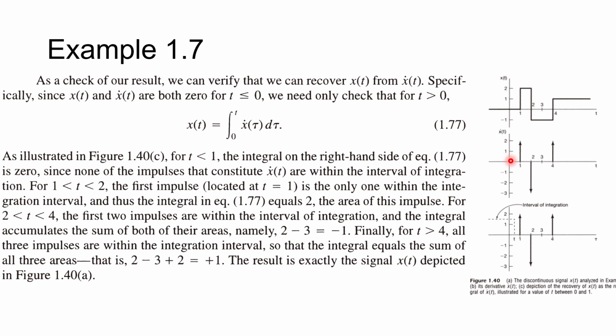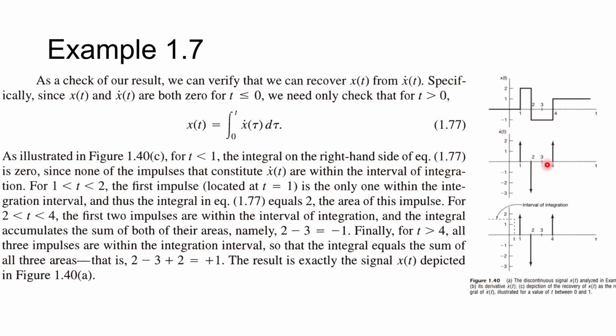When t is between 1 and 2, you integrate over this delta function times 2, so your value should be 2. Then you integrate over this -3, and that's when t is between 2 and 4: you are integrating over this spike and this spike, so you get a 2 here and a -3 here, so you get -1.